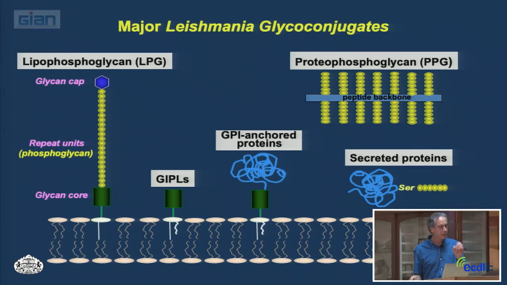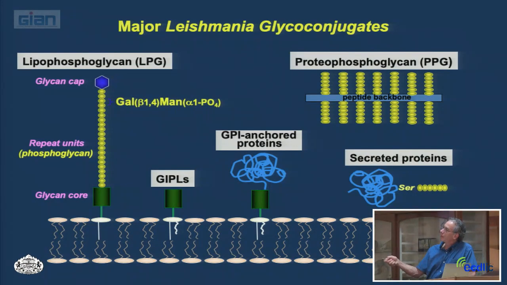These are identical phosphoglycan structures that are either on a glycolipid molecule or are released as components of these proteophosphoglycan molecules, or even substitute on secreted proteins like acid phosphatase.